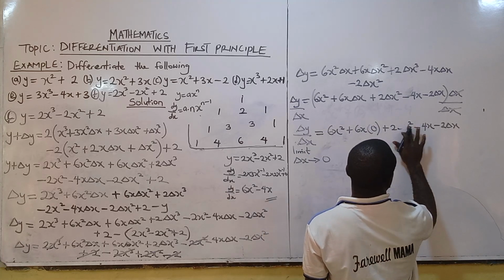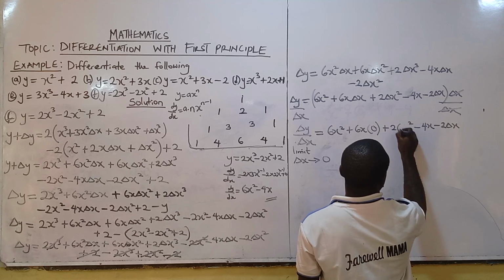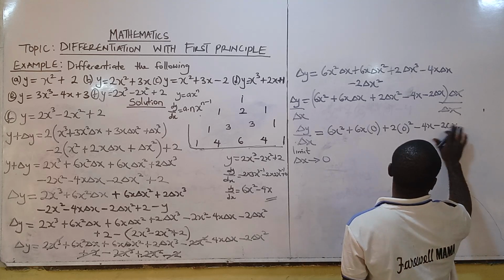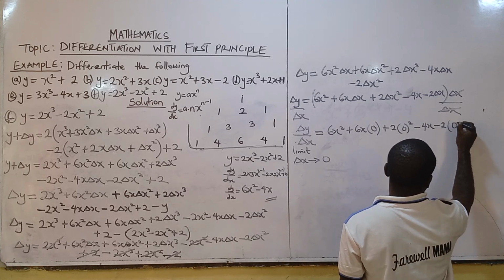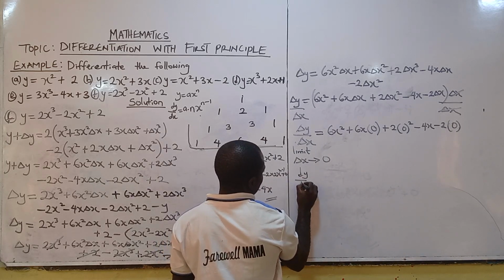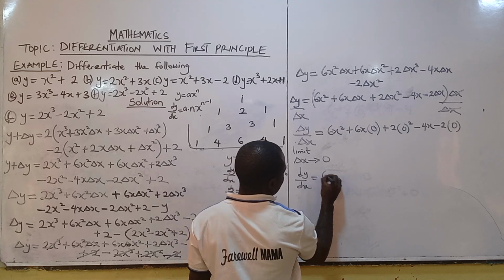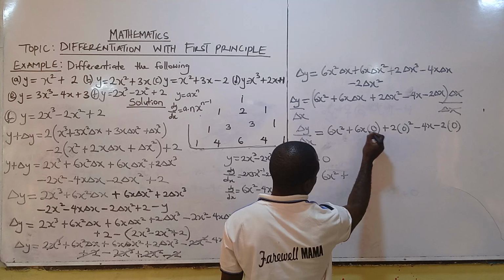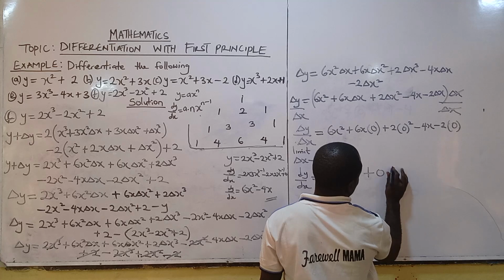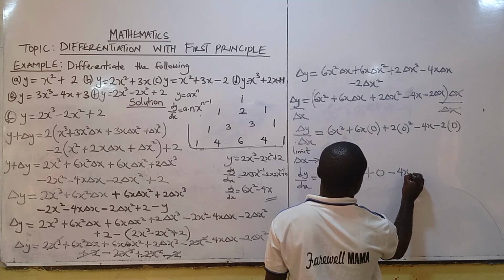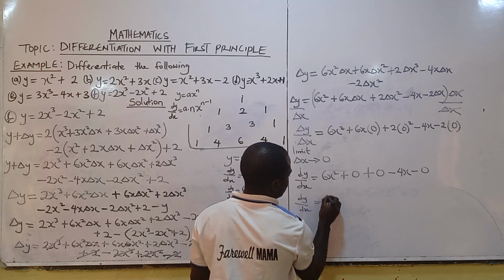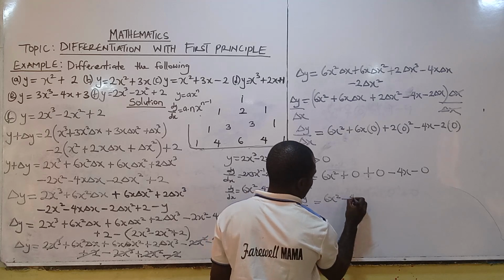Now, if you do that, dy over dx equals 6x squared plus 6x times 0, plus 0, minus 4x minus 0. dy over dx equals 6x squared minus 4x.